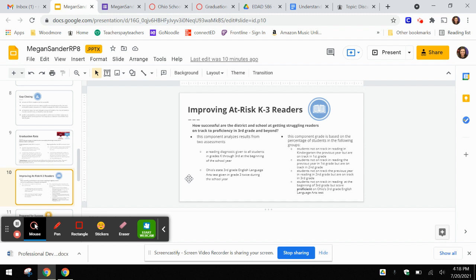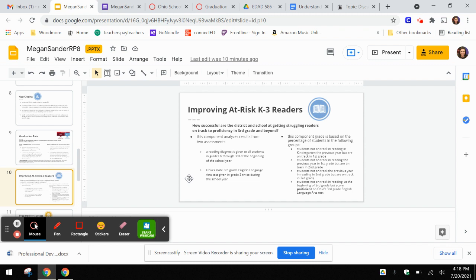The first is a reading diagnostic given to all students in grades K through 3 at the beginning of each school year. And the second assessment is the Ohio State third grade English language arts test given in third grade twice during the school year. And that test is what tells us if students are proficient or not.